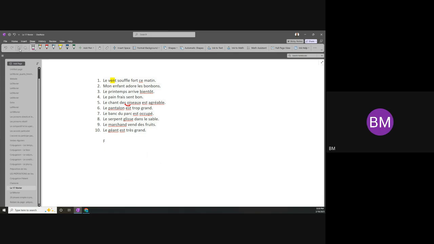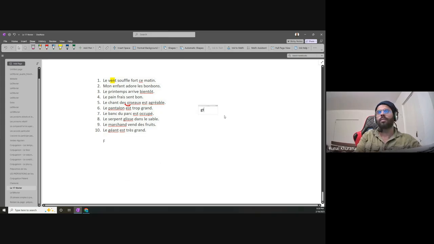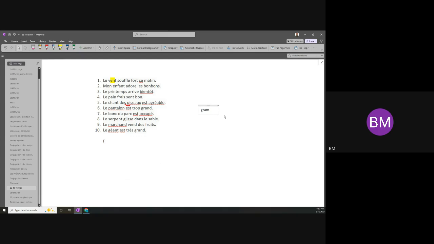Le pantalon est trop grand. La banque du parc est occupée.